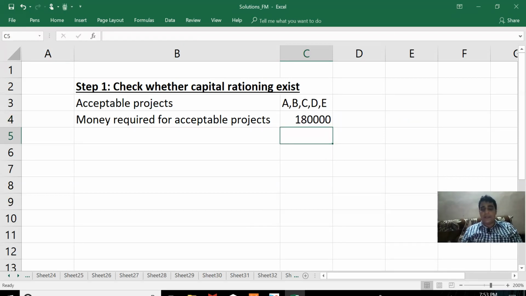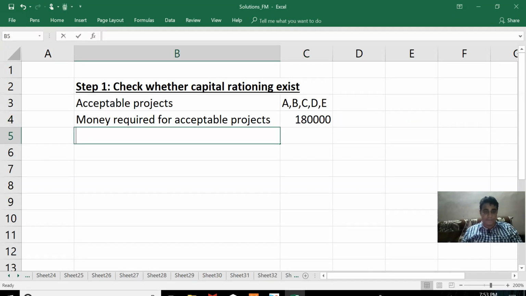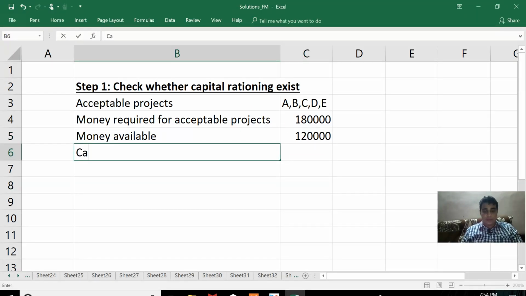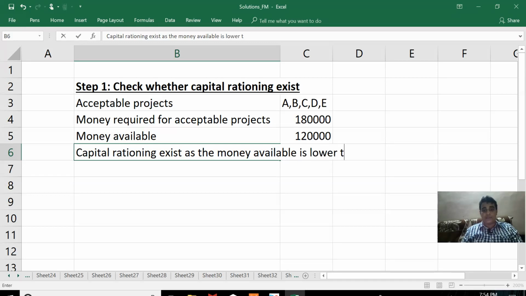This is the money I need for doing all the projects. Money available: I have only 1,20,000. Capital rationing exists as the money available is lower than the demand.